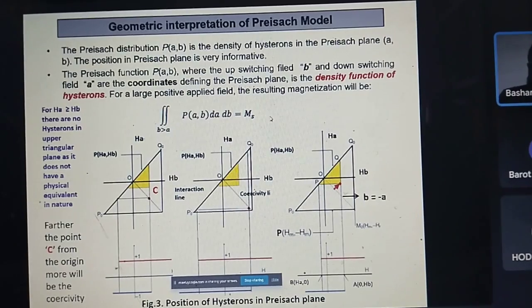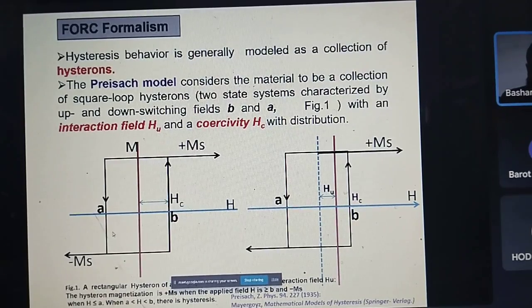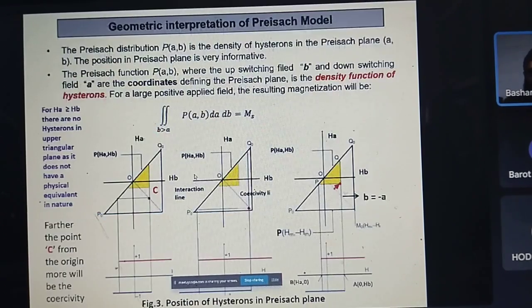To understand that, we describe what is known as the Preisach distribution. This is a distribution function of A and B. What are A and B? These are the switching fields. A is when the system switches down from the up state to the down state, and B is when it switches back from the down state to the up state.